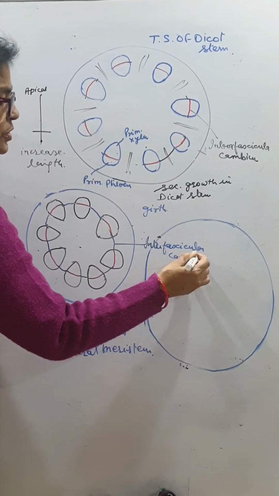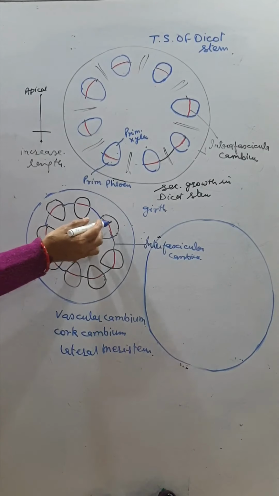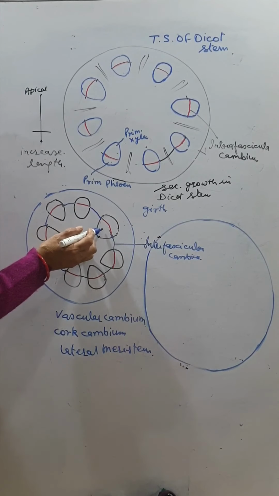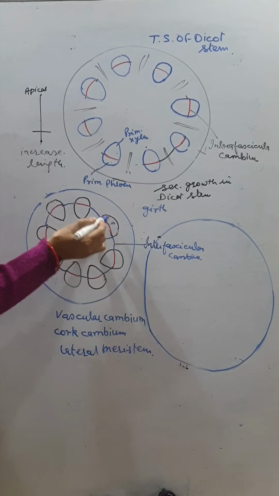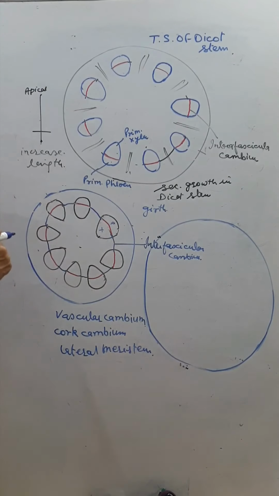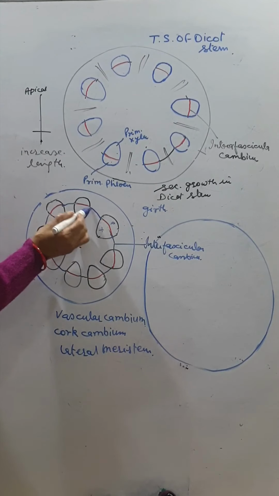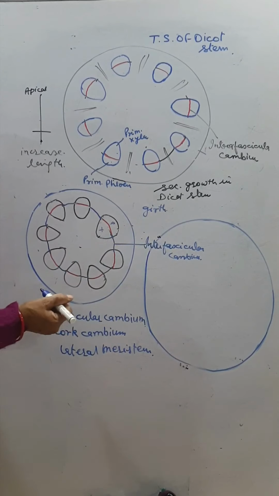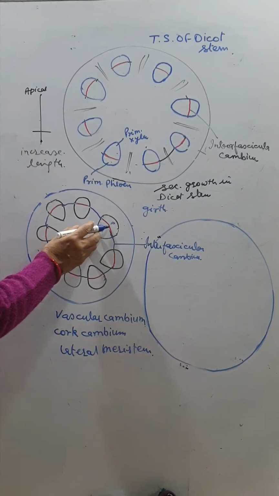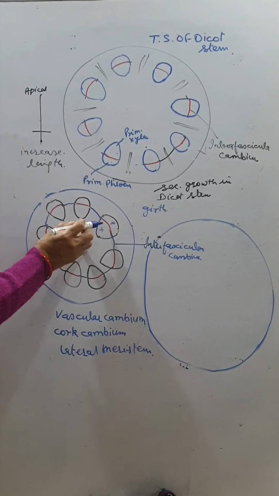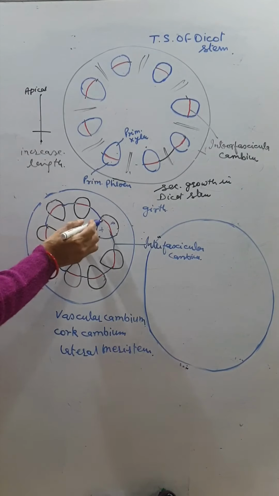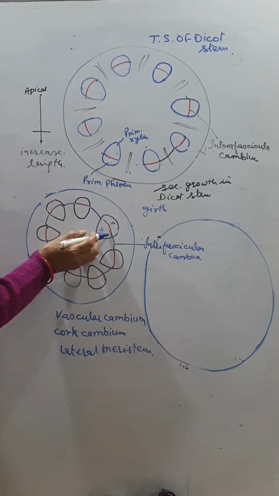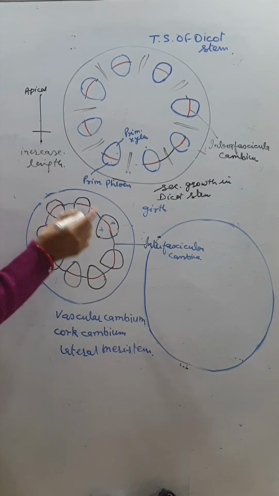Don't get confused between the two. The intrafascicular cambium is between the primary xylem and primary phloem. This is the xylem and phloem. And between the two vascular bundles is the interfascicular cambium.